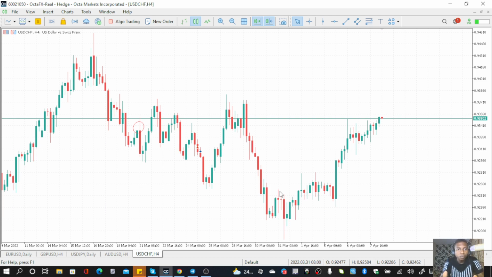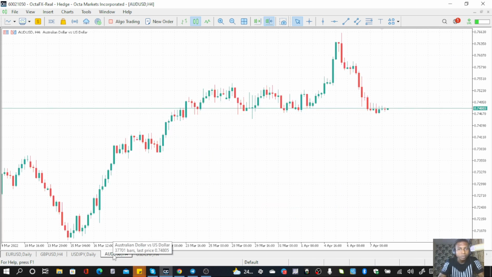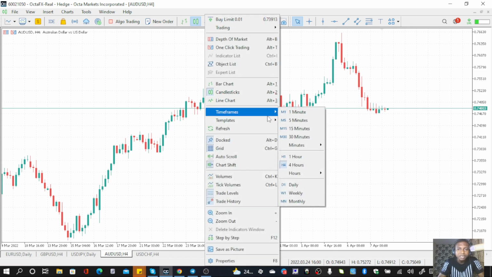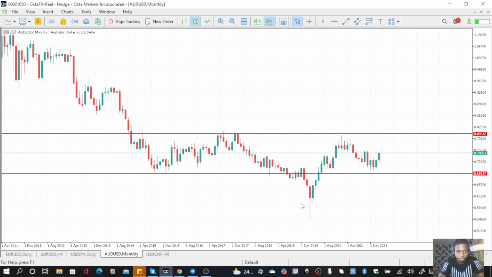And like my usual approach, I always say that we should do the top-down approach when analyzing the market. So we start with the Australian USD. Now, let's look at the monthly time frame. Good.